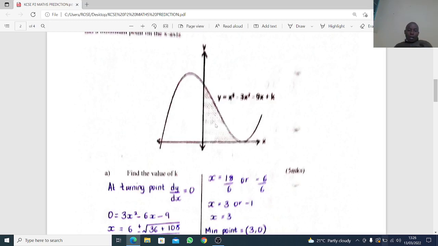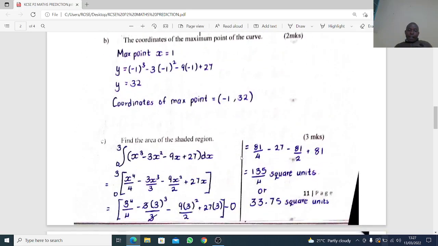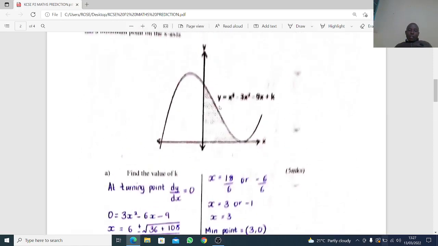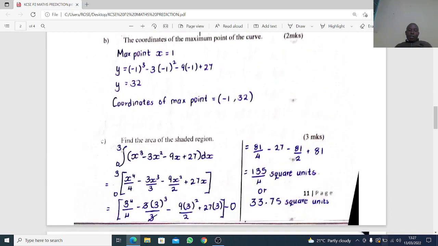The area of this part is this line minus that part. We integrate with respect to x between the points 3 and 0.